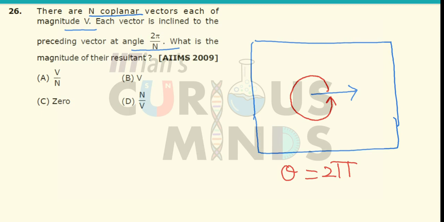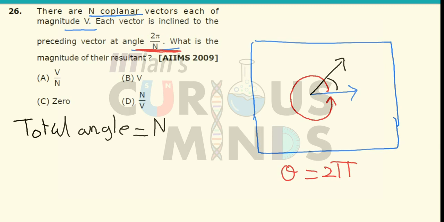Now there are n coplanar vectors and each of them is making an angle of 2 pi by n. So the total angle with the original will be, the first will make an angle of 2 pi by n, the second one 2 pi by 2, then 2 pi by 3, 2 pi by 4, and so on.